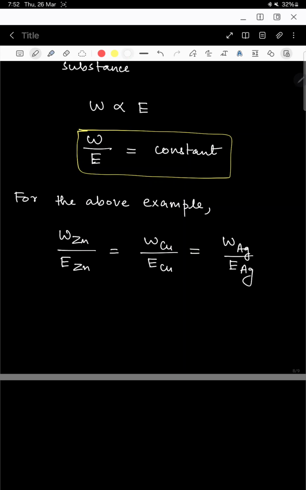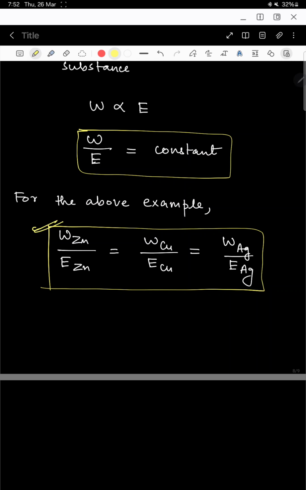So this is Faraday's second law when applied to the above example. The expression will look like this.